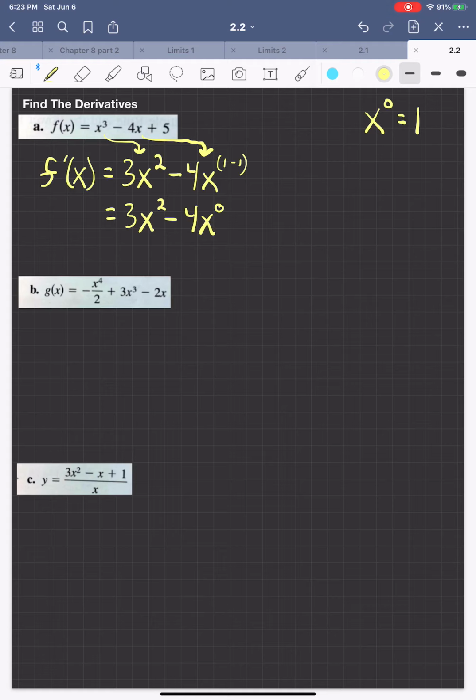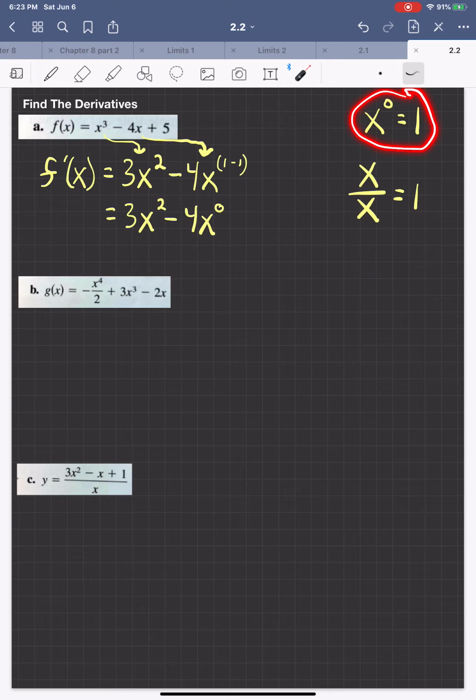Now, again, I don't know if anyone has ever taken a second to tell you why something to the power of 0 is equal to 1, but let's just inquire for a second. If you agree with me that x divided by x is equal to 1, then you agree with me that x to the power of 0 is equal to 1.